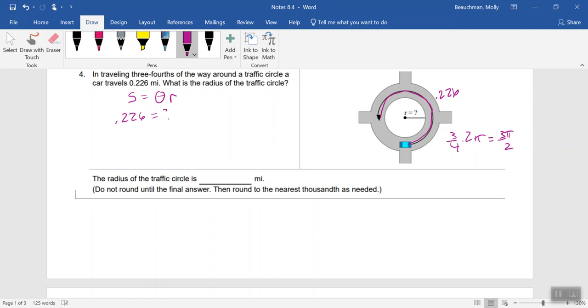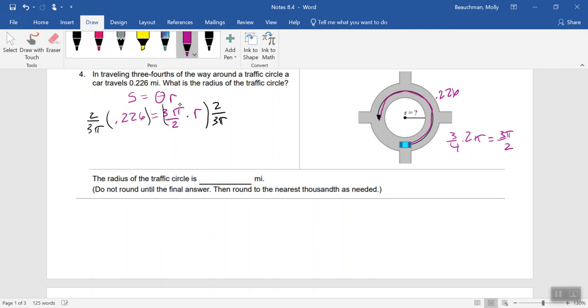So there's our angle, 3 pi over 2 times the radius. Radius is what we're looking for. So multiply both sides by 2 over 3 pi to get rid of the fraction.